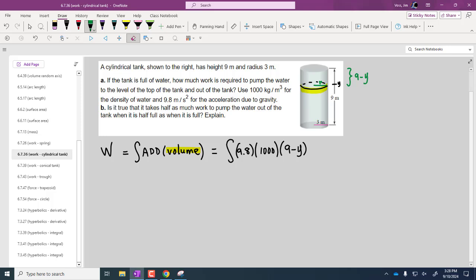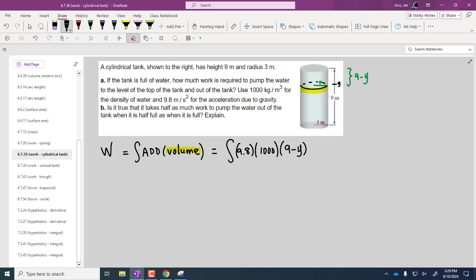Now, if the problem said we're going to have a pipe at the top that's 2 meters long and it's going to be pumped 2 meters above the tank and then out, then this distance would change. If there was a little pipe at the top that was 2 meters tall, this would be 11 minus y. So it would be a little further. But the limits of integration actually would not change. So there's ADD, acceleration, density, distance.